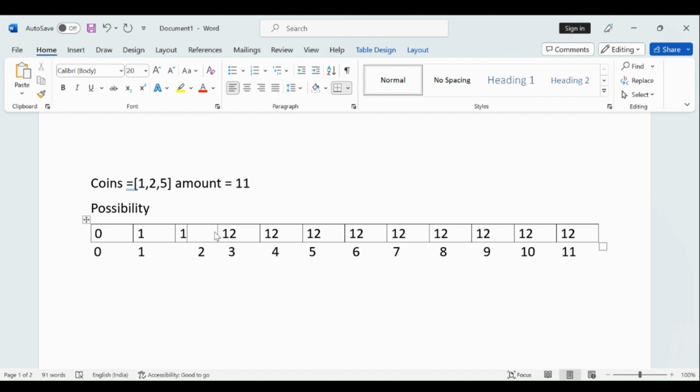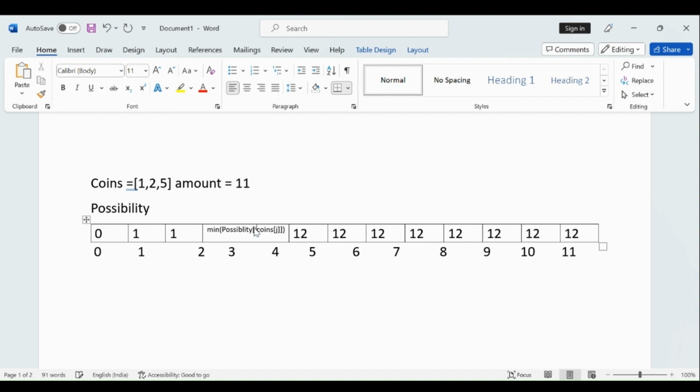So now consider this statement. As you can see what we are trying to do in each and every cell, for each and every index, we find the minimum of possibility[points[j]], and we also subtract from the amount.